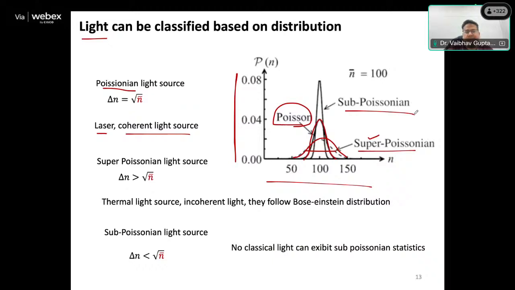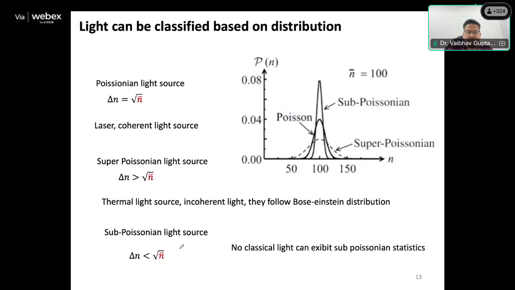Typically, classical light sources don't show this kind of distribution. There is no classical analogue to it, and typically all the quantum light sources have this property that the fluctuations are smaller than the under root of the mean value. So that is the main property. Suppose you are trying to build a quantum light source, this is the first property you can try to prove to show that you really have a quantum light source.